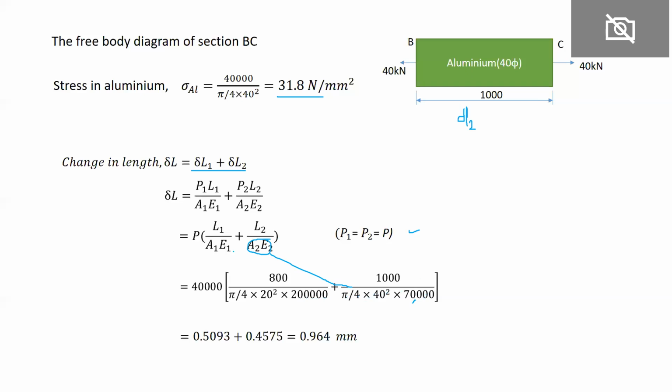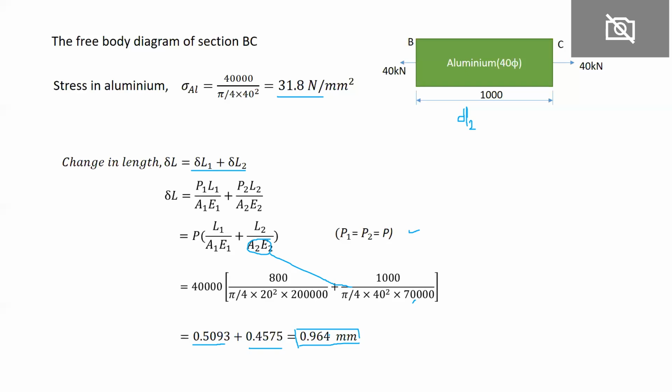So after substituting the corresponding values in this equation, you will get delta L1 0.5093, delta L2 0.4575. So the total sum of these, total elongation occurred by this member, is equal to 0.964.